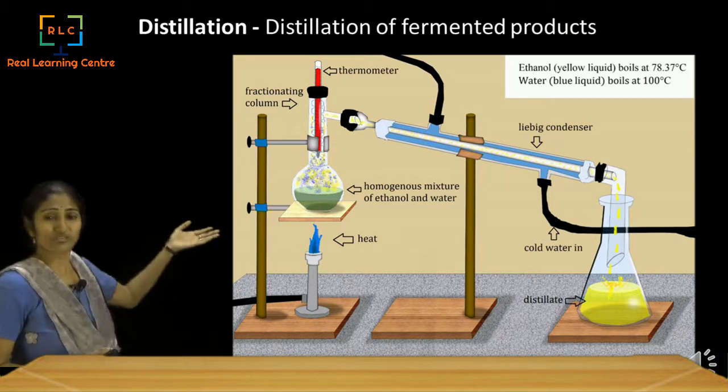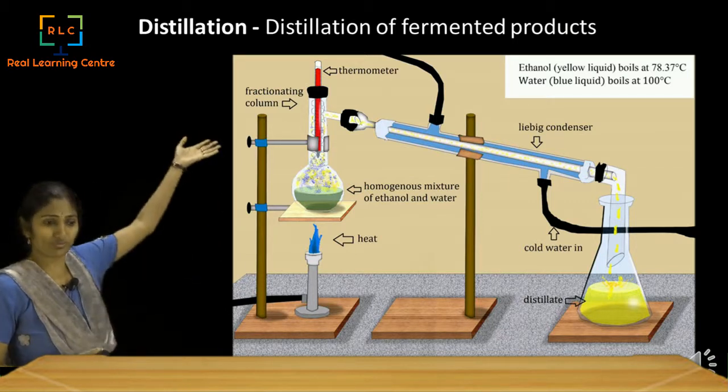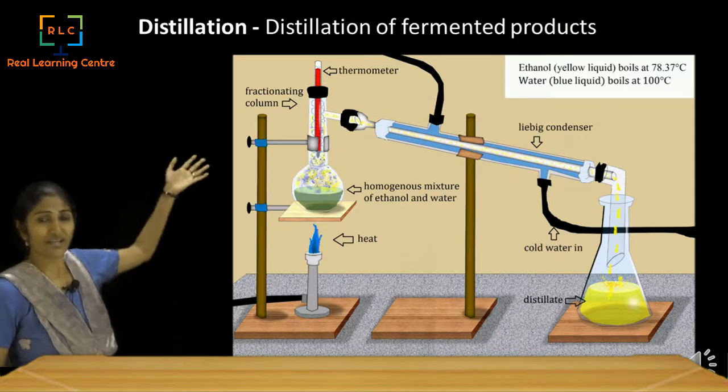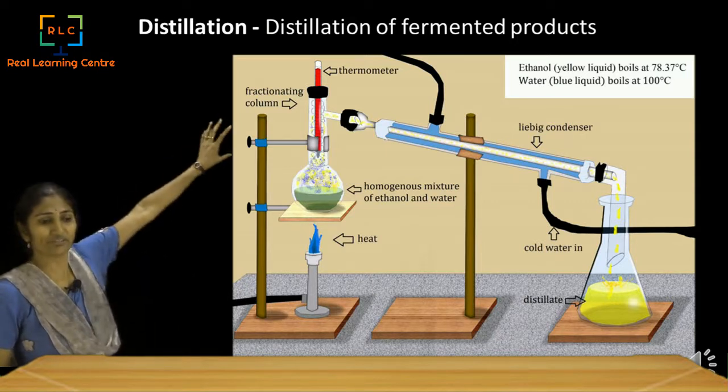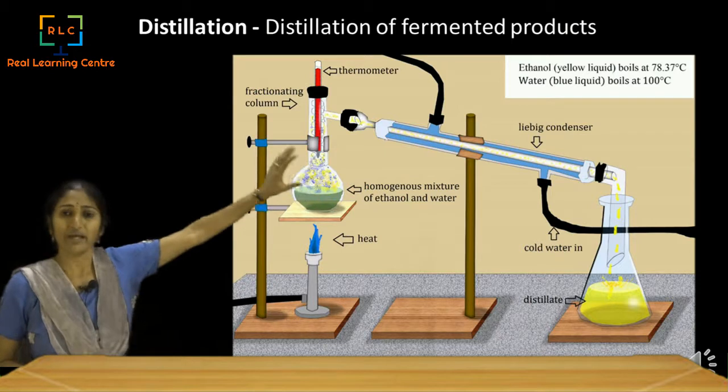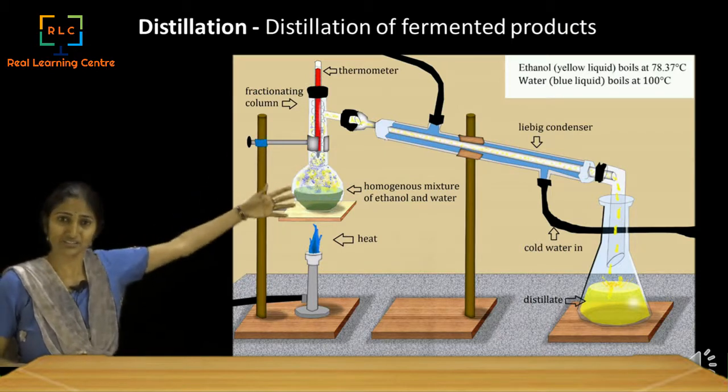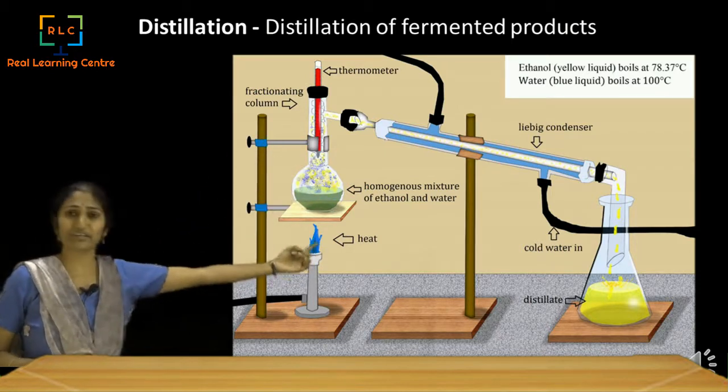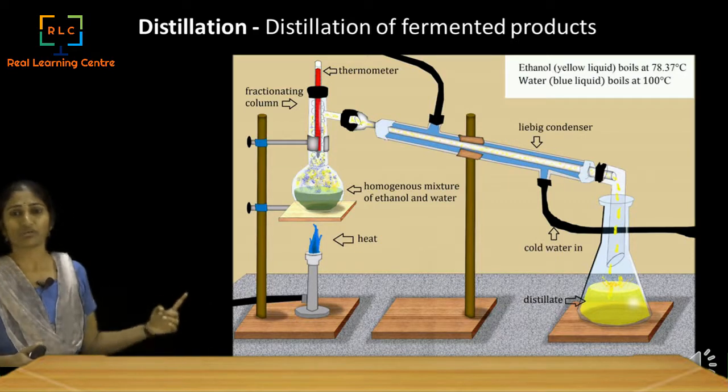Once it vaporizes, it would go to the top of the round bottom flask, and there is an outlet there through which it passes out. This is later condensed, cooled, and collected in the conical flask.